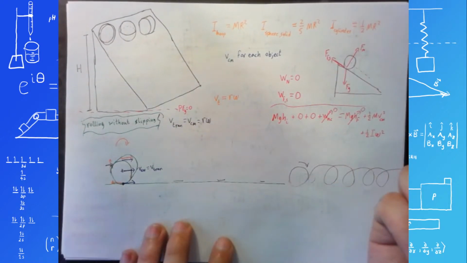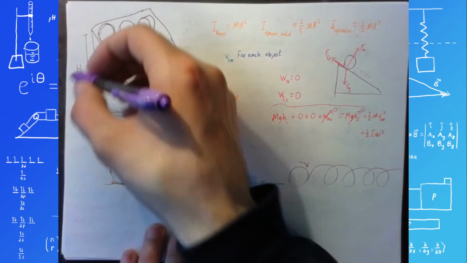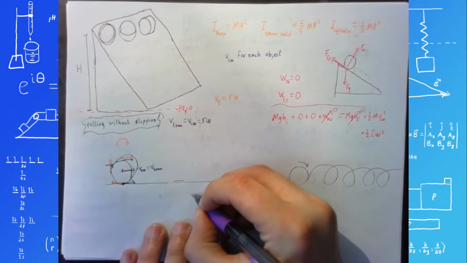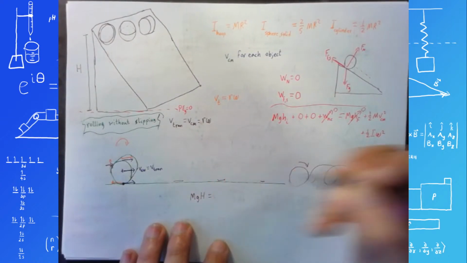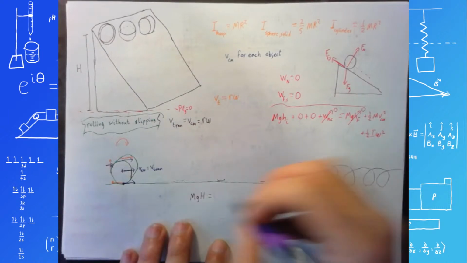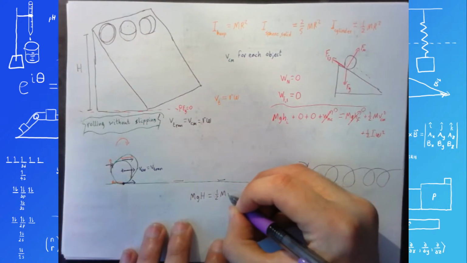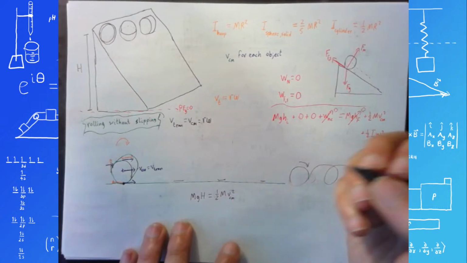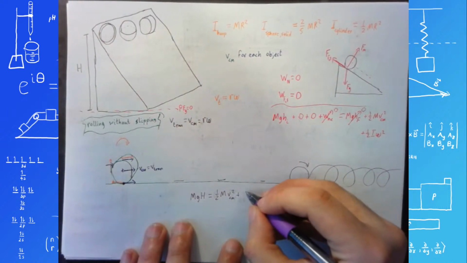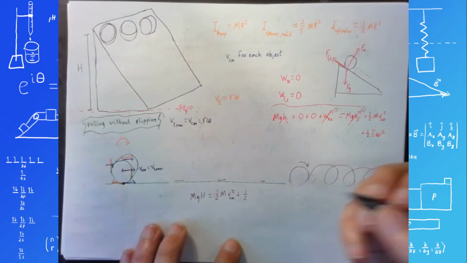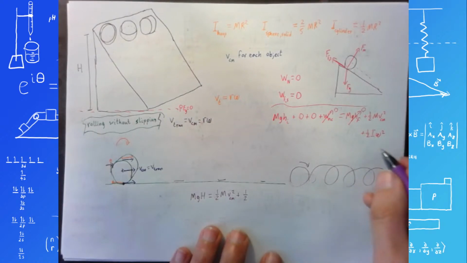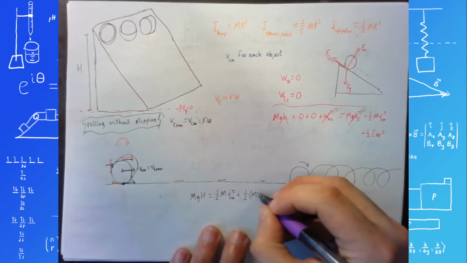We're going to have, H initial is just going to be big H, so mg big H equals 1/2 m v center of mass squared plus 1/2, let's see, for the hoop, I is just going to be mr squared.